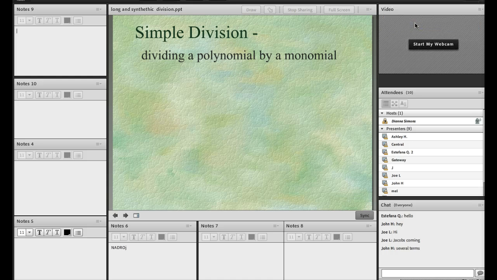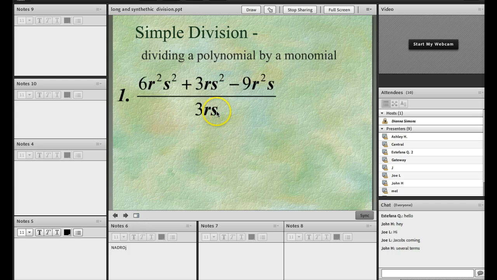Anybody? Polynomial? Several terms. Thank you, John. Yes, it's an expression that has more than one term, right? What's a monomial? One term, exactly. This is a monomial, this is a polynomial.